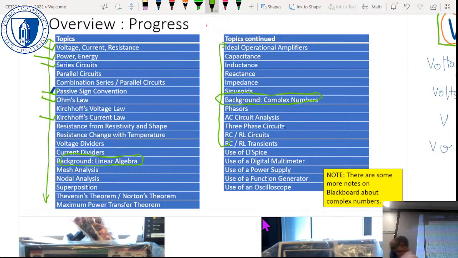I almost never call it Kirchhoff's current law. I nearly always use the shorthand, and funnily enough, Kirchhoff's voltage law, I never usually use the full name. I usually use KVL. So let's talk about Kirchhoff's voltage law.